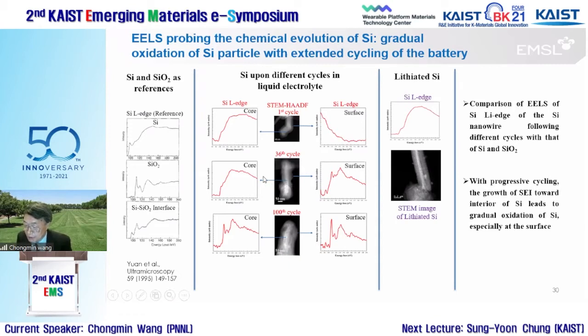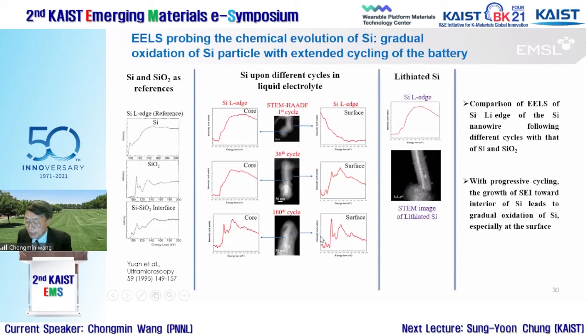After 36 cycles, you can see in the core of the nanowire is still a silicon feature in here. But near the surface, it becomes more or less a combined silicon and oxygen in some way, more or less like this one, silicon dioxide in certain fraction. If you cycle 100 cycles, you can see now in the center of the nanowire, it has almost become silicon dioxide or silicon oxide as well.